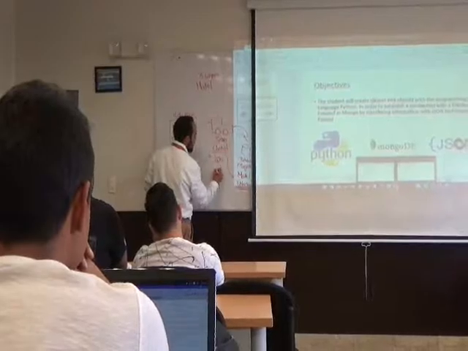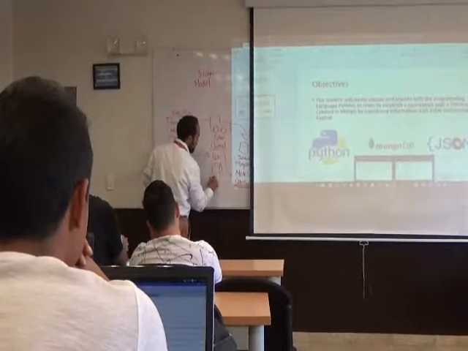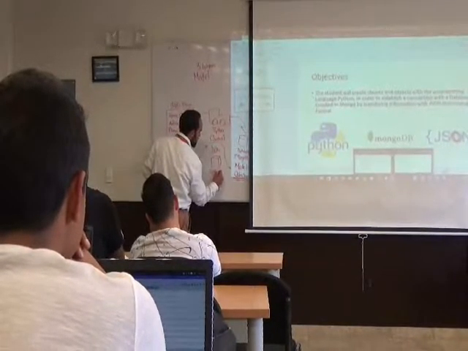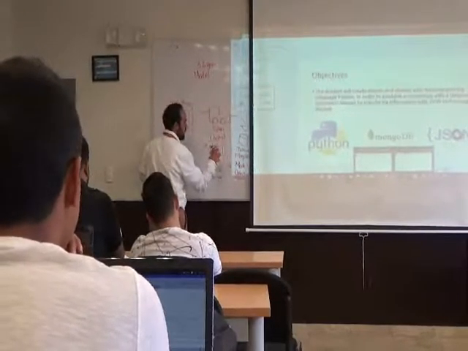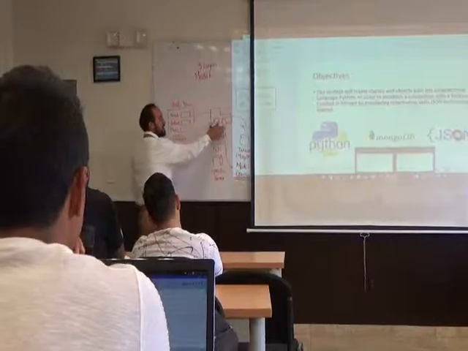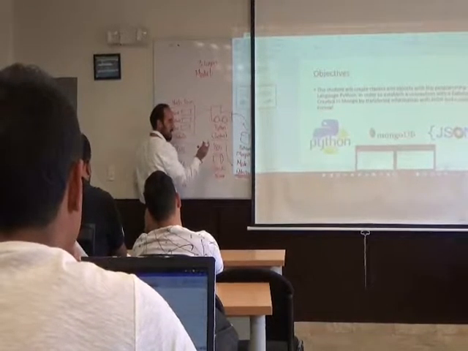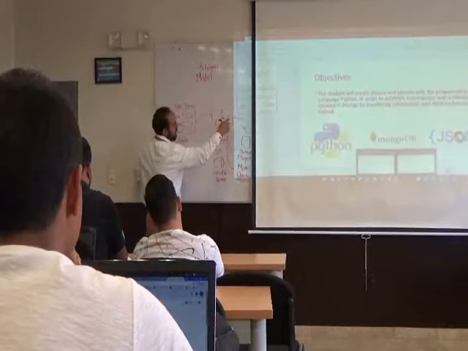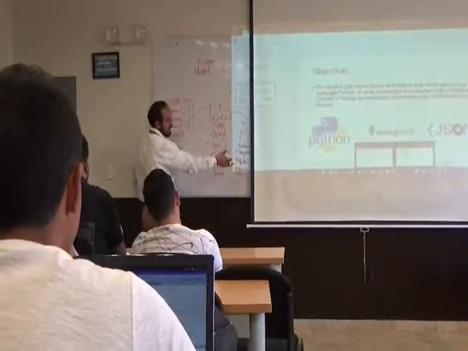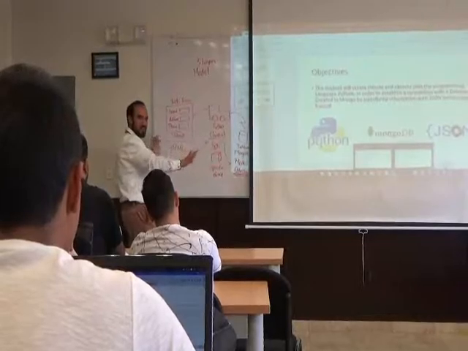JSON will be like a small package with a specific format to transport that information. Okay, Python is the car, JSON is the packages that are transported by the car, and the database is the final destination. Okay, got it? All right.